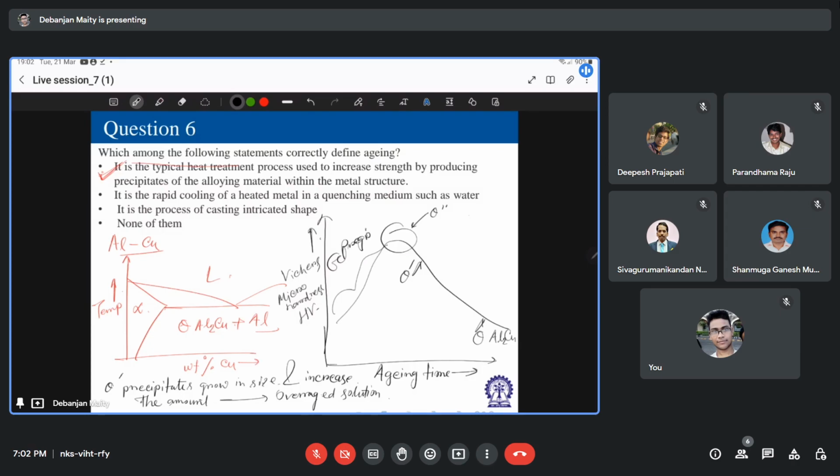As aging continues even further, this theta phase starts to form, and the alloy is softened far beyond its maximum strength condition. Here your maximum strength is there, but this is metastable in nature, and with aging time you form these Al2Cu precipitates, the strength of which is much less than that of the theta double dash or theta dash precipitates.